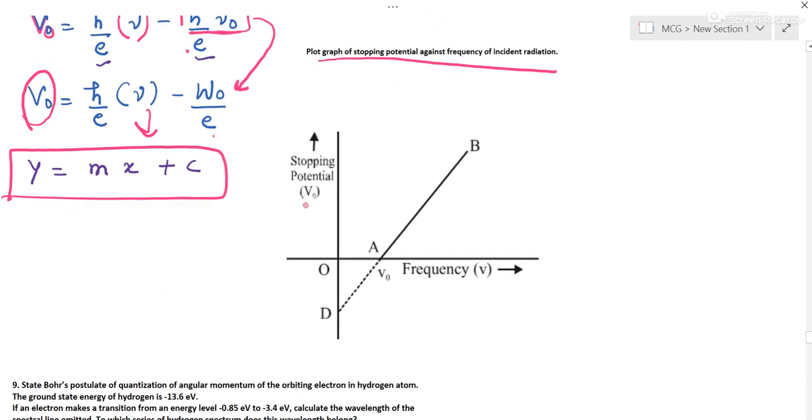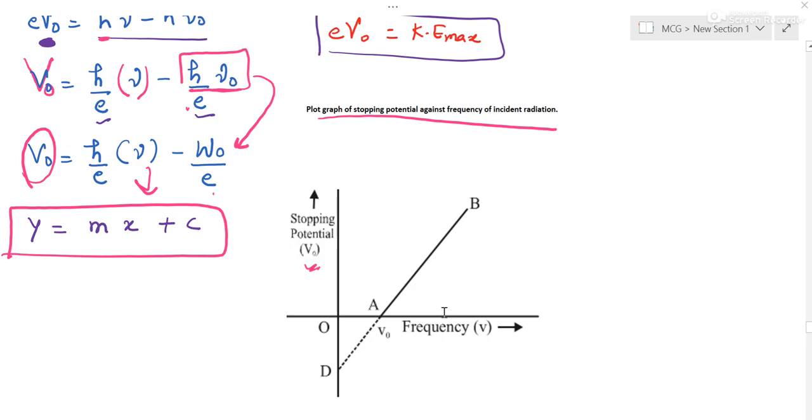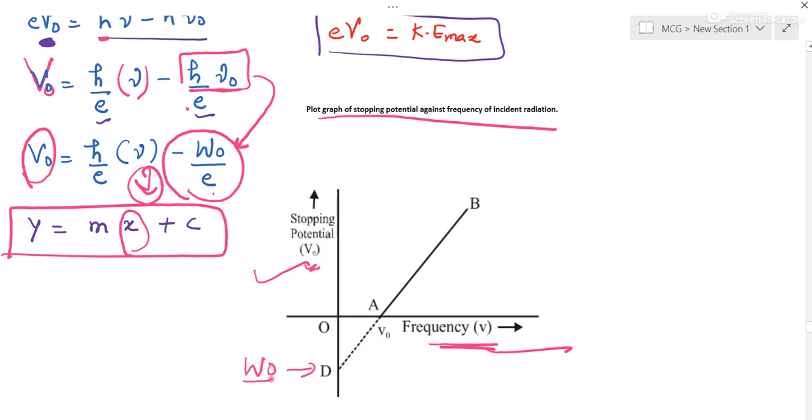This is stopping potential, and this is frequency, the x variable. The graph will not start from 0 because there is an intercept on the negative y-axis. The value of the intercept is W0 by e. So it will start from here, dotted line and then dark line. So this is the graph.